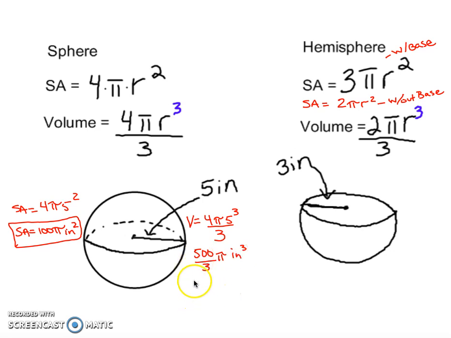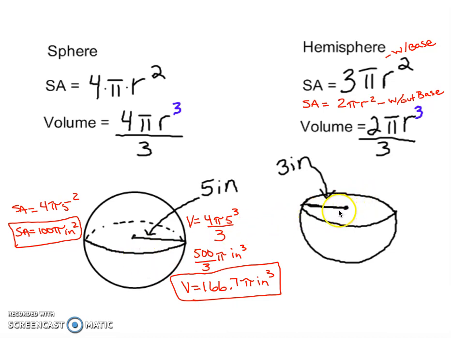Remember, our units are cubic, so our volume for this would be 166.7 pi inches cubed. So that's our volume of this sphere.